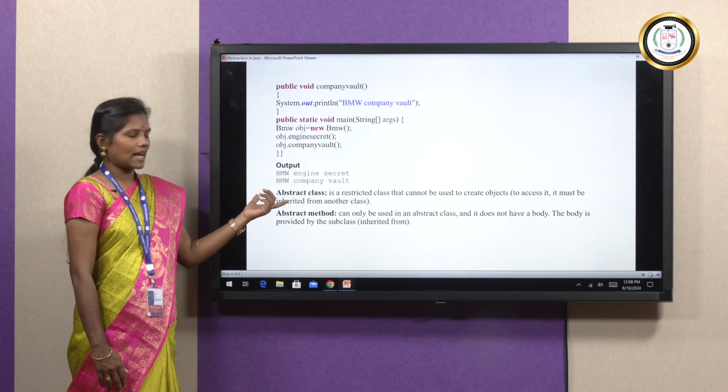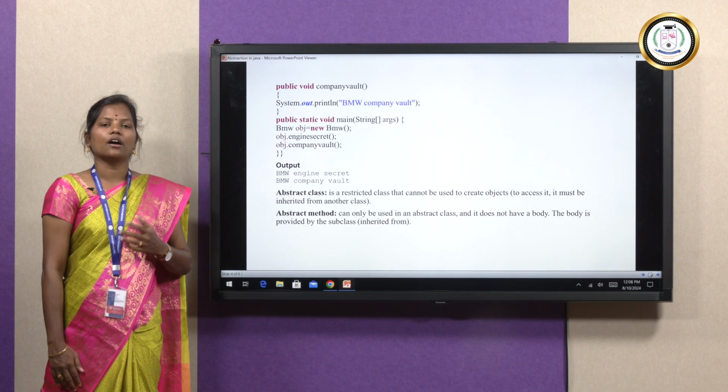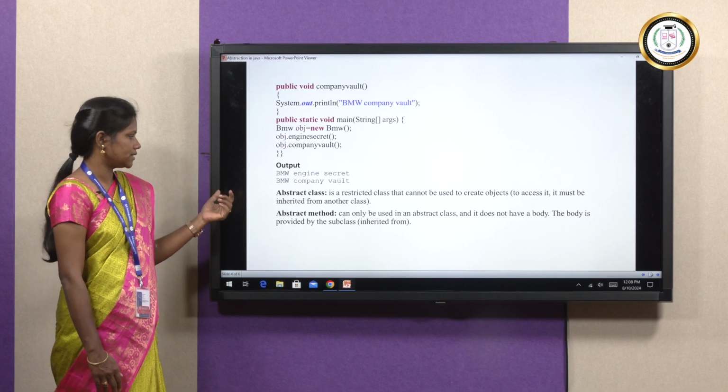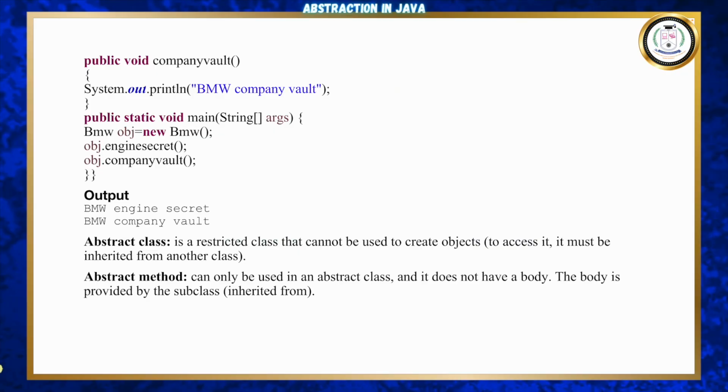In an abstract class we can't create an object, that's why we create the object for the child class. An abstract class can contain both implemented and unimplemented methods.